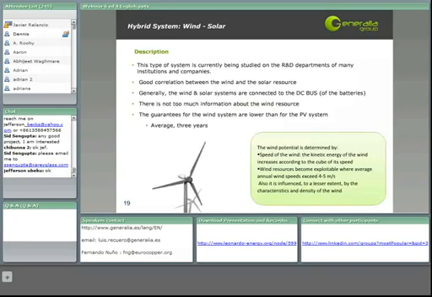We have to know that the difference in the connection between this system and the diesel solar hybrid systems is that in this case, normally the generators, both the solar and the wind generators, are connected by the DC bus instead of the AC bus, like in the case of the diesel generator.